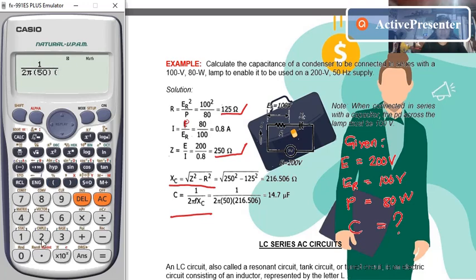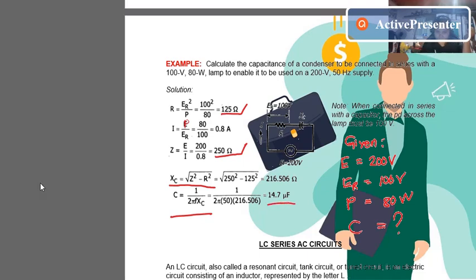Then the XC that we solved, which is 216.506 ohms. Our capacitance will be, so we need to convert to microfarad, 14.7 microfarad. So that is our final answer.